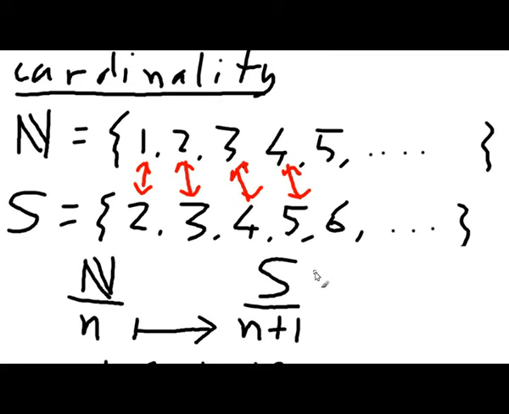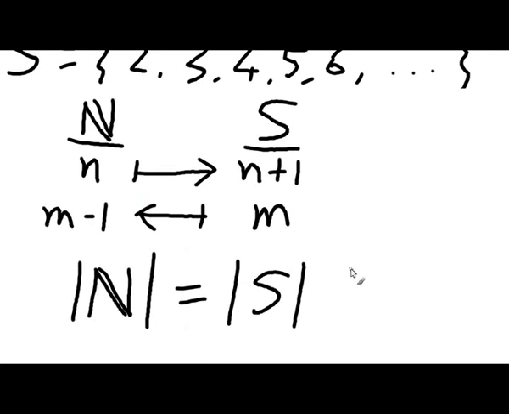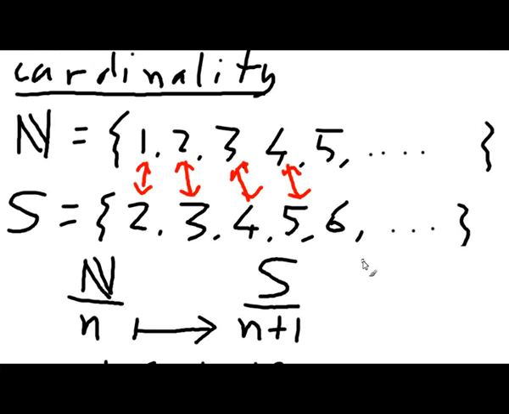And the thing about infinity, as we know, is that if we add or subtract some finite number from infinity, it stays infinity. So we really cannot say infinity minus 1 is different from infinity, or infinity plus 1 is different from infinity. The way to compare infinities is actually through this kind of one-to-one correspondence. And that's what we have just done. We have established that we can create a one-to-one correspondence between the set of natural numbers and the set S, and thus S and N have the same cardinality, right?